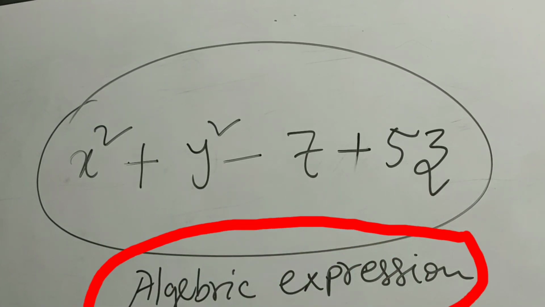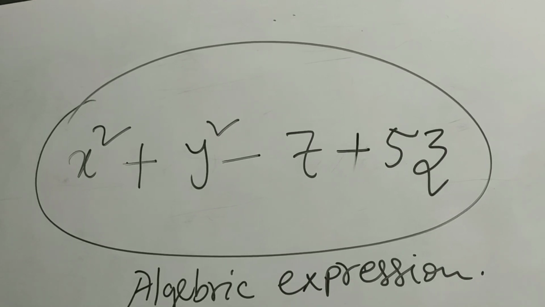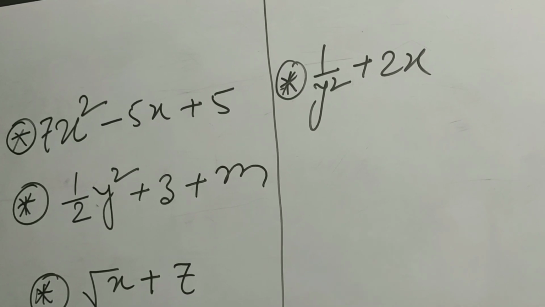Once again I would like to repeat it. If the variables or constant terms or both are connected or separated by plus or minus, then the expression is known as algebraic expression. Now I want to give some examples of algebraic expression. I have given 1, 2, 3, 4 algebraic expressions. You see, these are algebraic expressions.